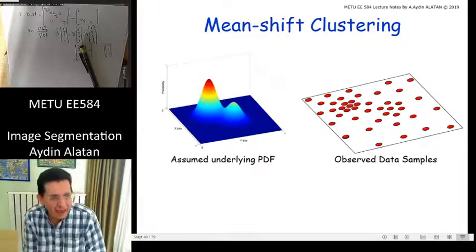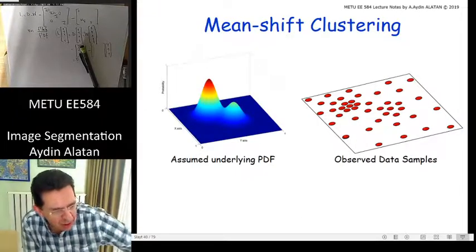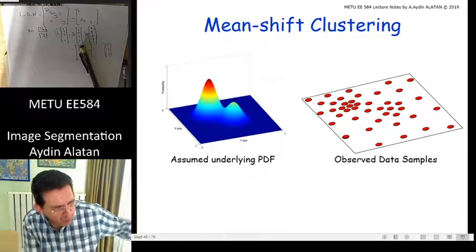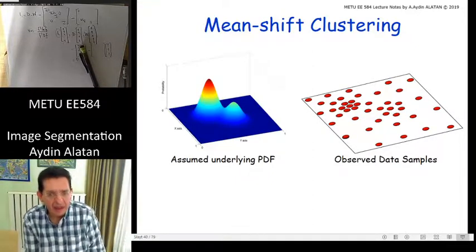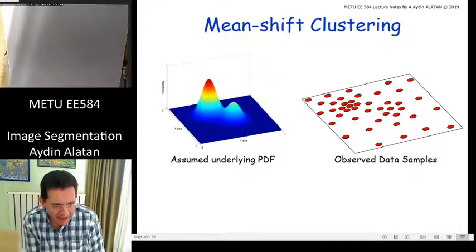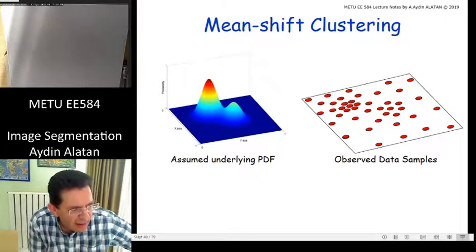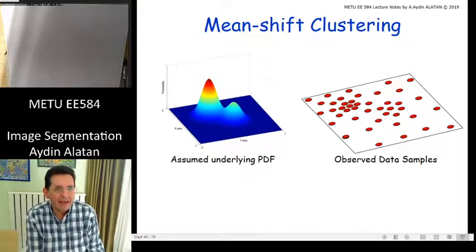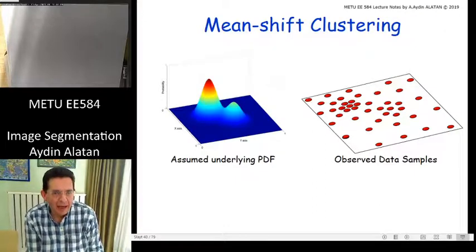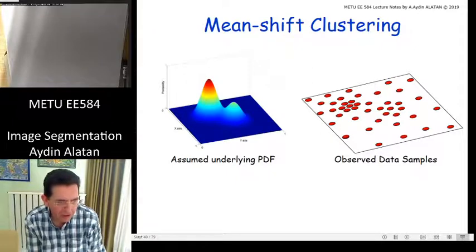I'm going to again explain everything using a toy example where we have some data. I'm trying to obtain some generated data here, okay? And this data is coming from a PDF, a probability distribution.